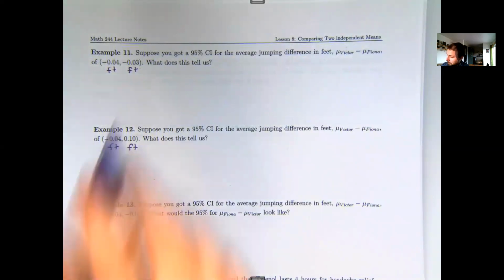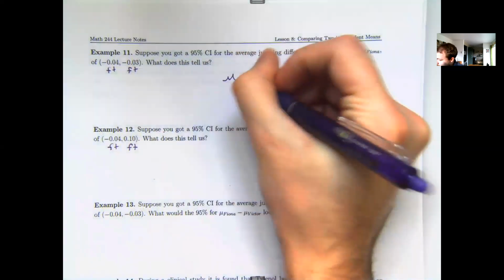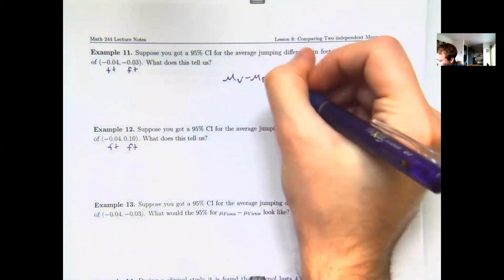This is what I get. These are negative numbers. Negative numbers are less than 0.